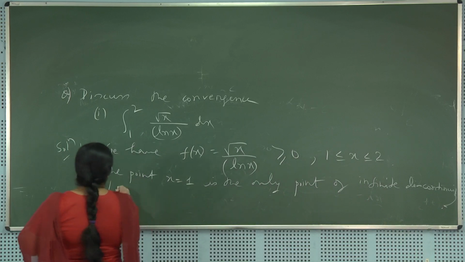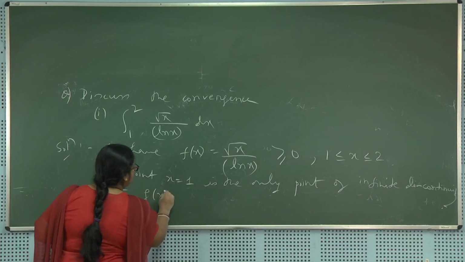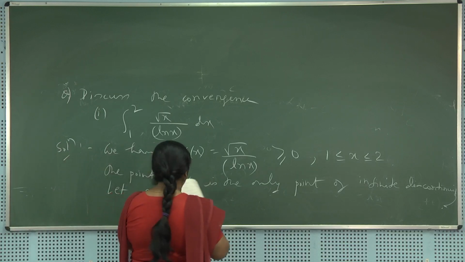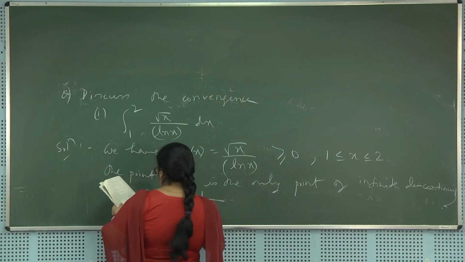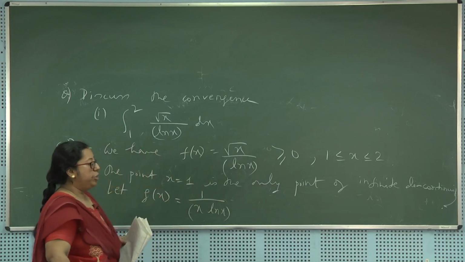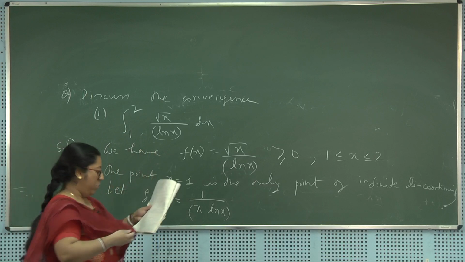Let g of x, which is in our hand, we can choose to be a simple function which we can easily integrate and comment on. Say I am taking g of x as x log x; I just have to make sure that the limit is not a number either 0 or infinity.